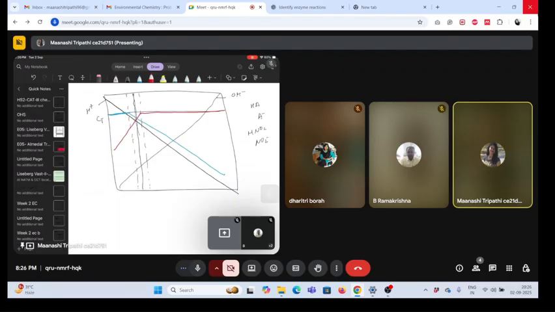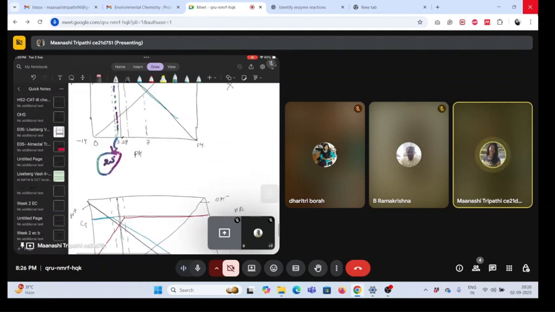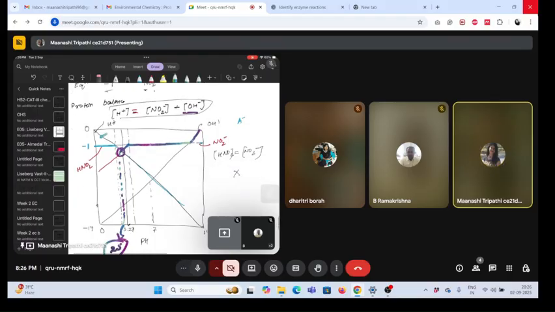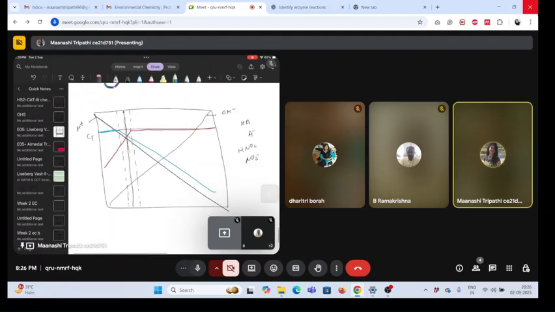Now we need to find the equivalence point. For this particular pH, what will be the equivalence point? If we look at this proton balance equation, OH plus NO2, wherever it cuts H plus, meaning the sum of the right side wherever it cuts the sum of the left side.